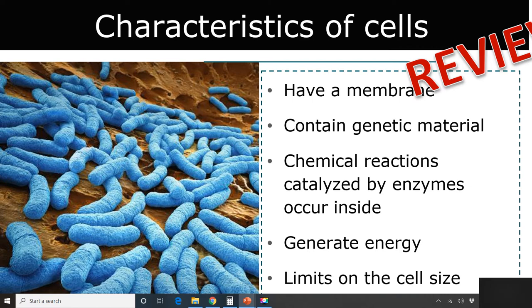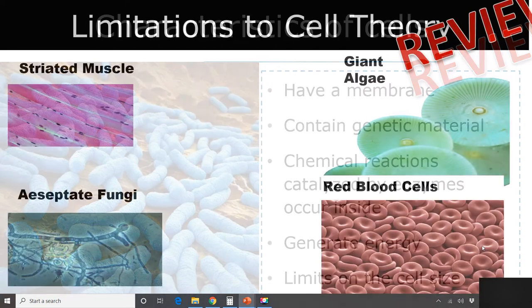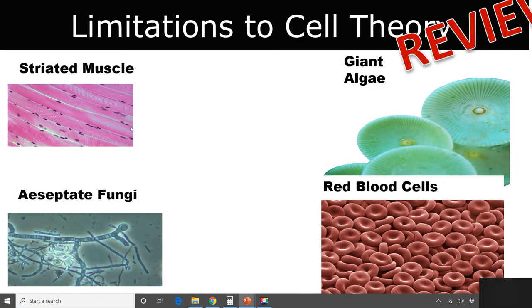We're going to pretend that all cells have chemical reactions catalyzed by enzymes inside of them, that all cells have to have some way to generate energy, and that there is some limit on the cell size, which is always true except when it isn't, like in the case of striated muscle that has multiple nuclei in really large cells. Same with the aseptate fungi.